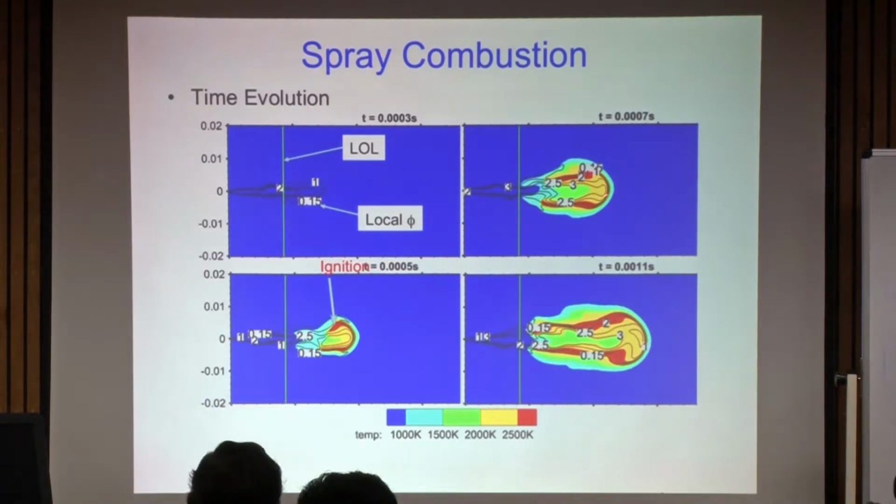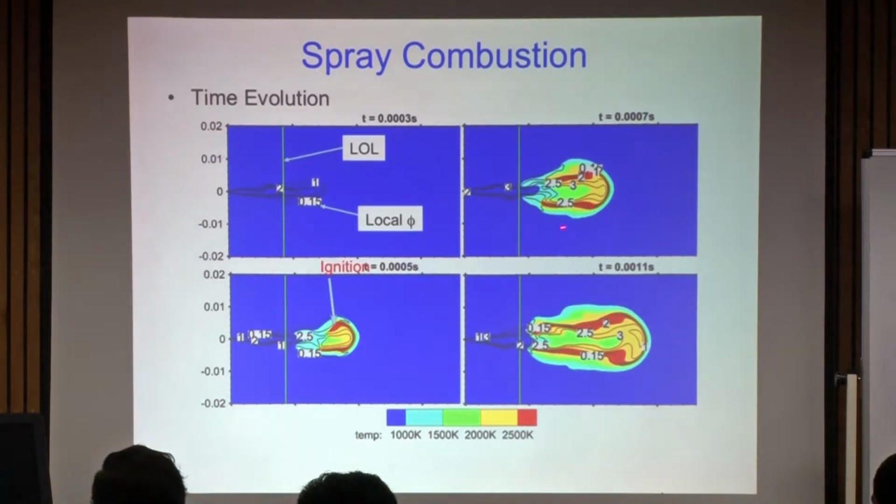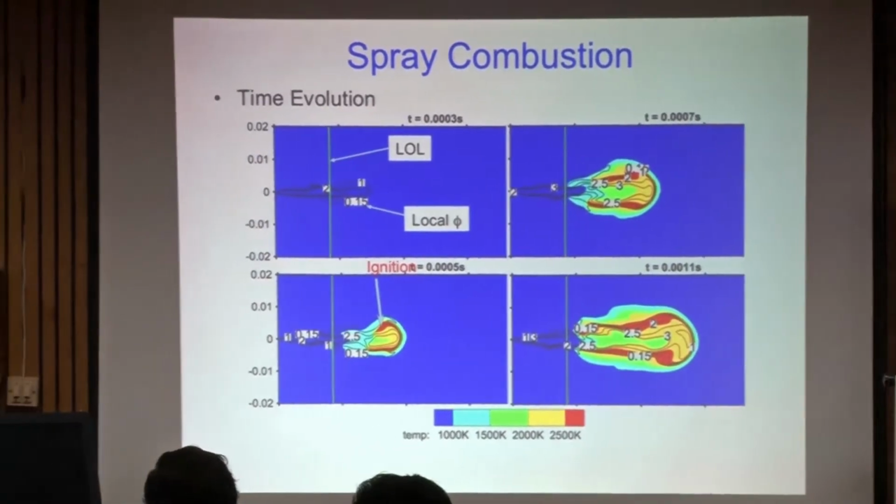The temperature contours are shown with the colors, where the equivalence ratio is the theoretical equivalence ratio. Obviously, combustion has occurred, so there is no fuel and air to calculate the equivalence ratio from. You can calculate the equivalence ratio based on your number of carbon atoms and hydrogen atoms. So it's the theoretical equivalence ratio at those locations, like the equivalence ratio before combustion, you can say.